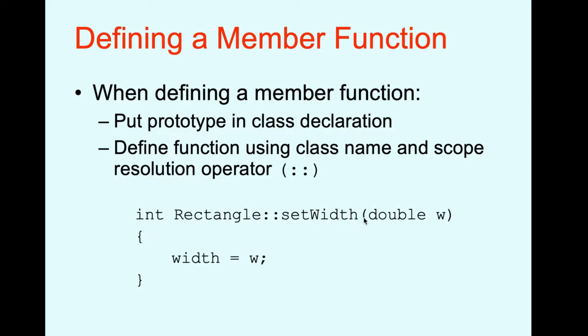So the set width function belongs to this rectangle class. The scope resolution operator plays the role of linking each function with its specific class. In a real project there may be hundreds and thousands of functions, so how do we link each function with its specific class? Using the scope resolution operator.